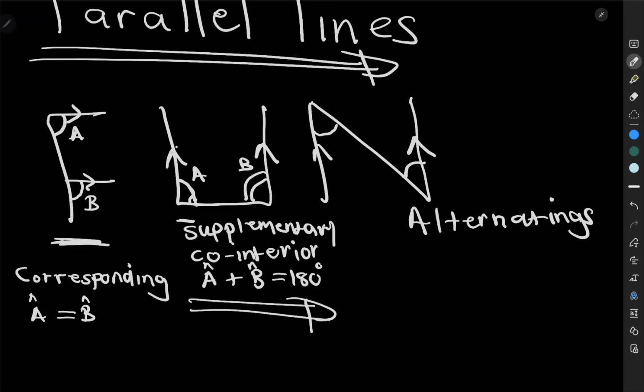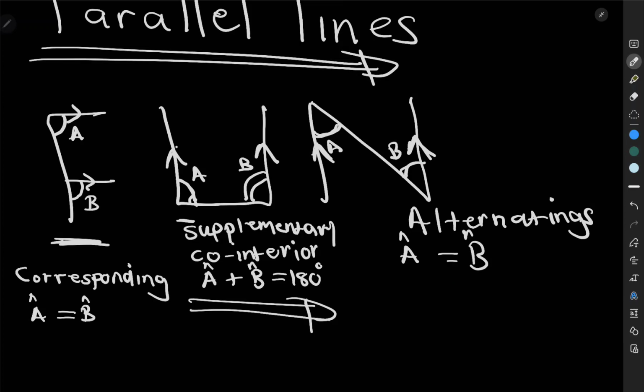We presume that those two angles, if we call them A and B, A is equal to B. So if we have a shape like N or Z, if you can put it like that, we assume, and that shape is formed by two parallel lines like this, that the value of this angle and this angle are equal, and we say they're alternating.